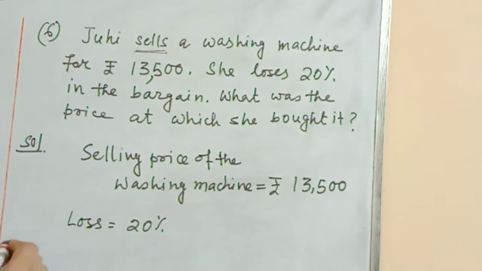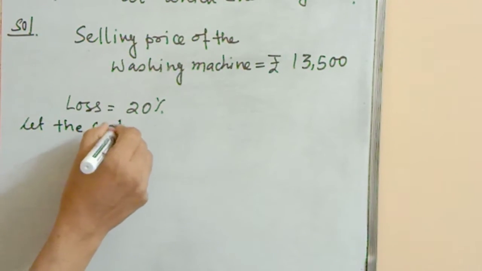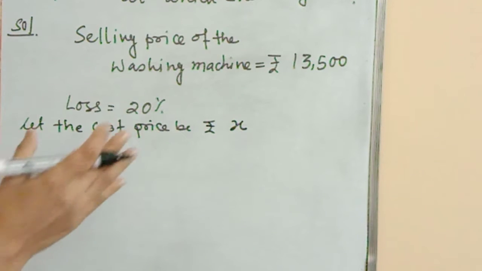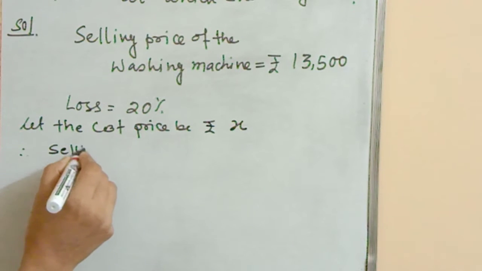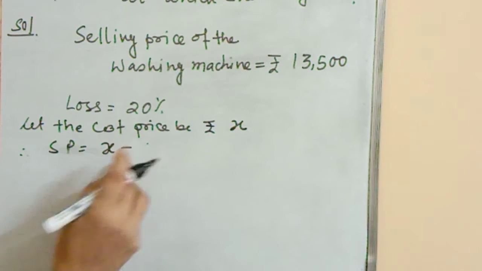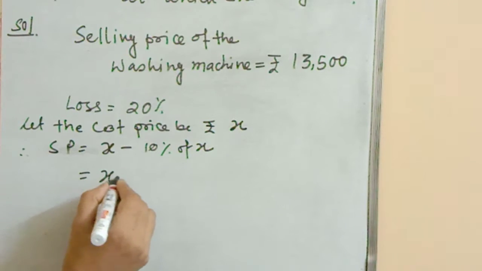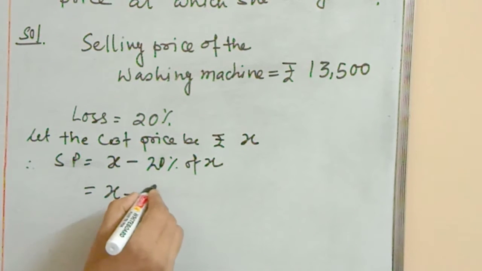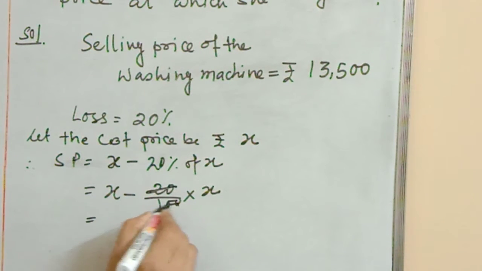As we don't know the cost price, let the cost price be rupees X. As it is loss, you can write selling price equal to X minus 20% of X. Percent means 20 by 100 into X, that is X by 5.